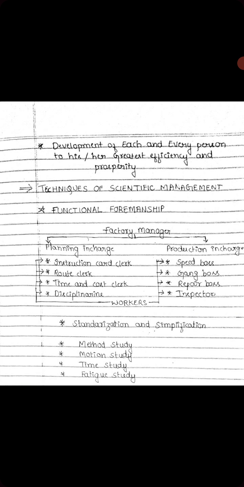In planning in charge, there are 4 specialized men, namely the instruction card clerk, the route clerk, the time and cost clerk, and the disciplinarian. In production in charge, we will come across 4 specialized experts: speed boss, gang boss, repair boss and inspector. These are 8 persons overall, 4 in planning and 4 in production.